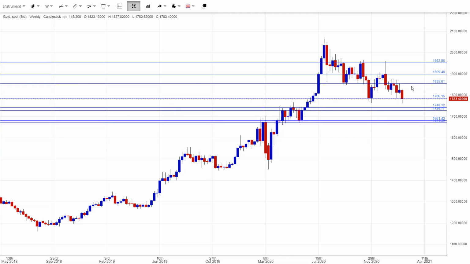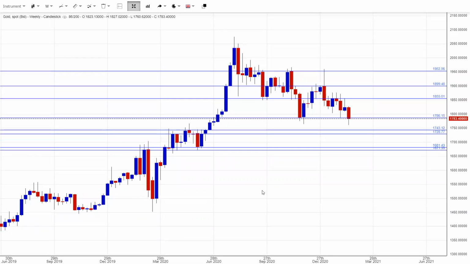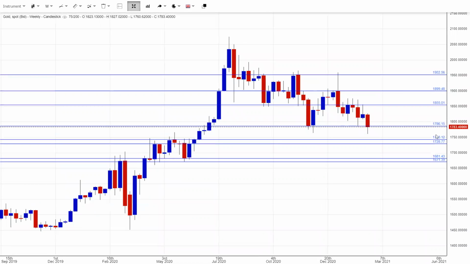All right. So basically, if I zoom in now and look to the right, we can see a few potential prices that we should be paying close attention to, like 1743, 1728, 1861, 1671.